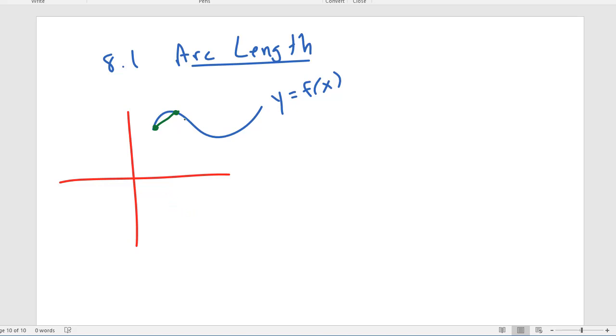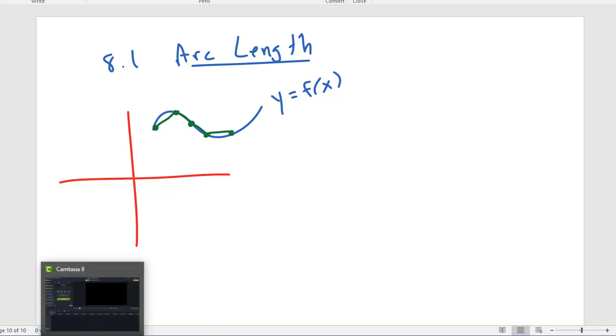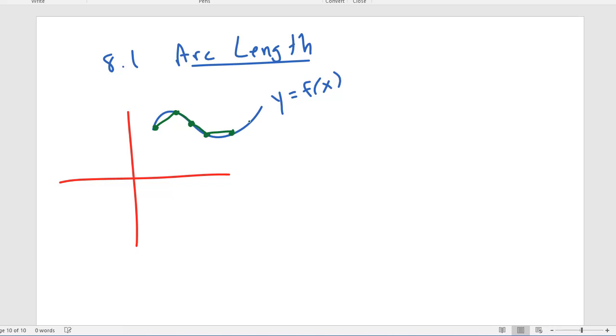You can see that's not the best approximation, but then the next 2 points is a pretty decent approximation. And then the next 2 points, pretty good approximation. Then I'm going to try and exaggerate a little bit. Here's another line segment approximating the curve. And then we have this line segment and this line segment. So what do I have there? 1, 2, 3, 4, 5, 6 line segments.